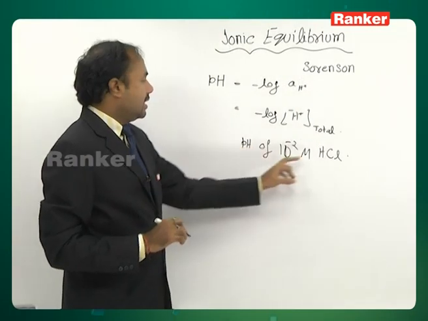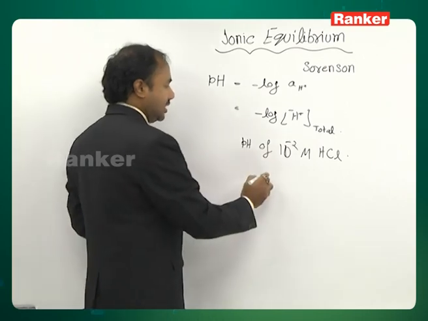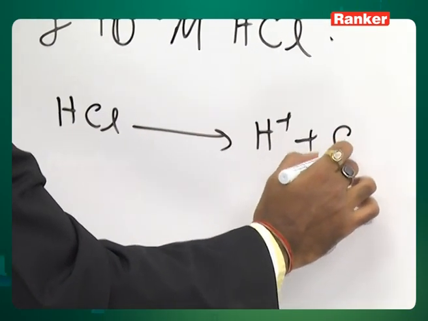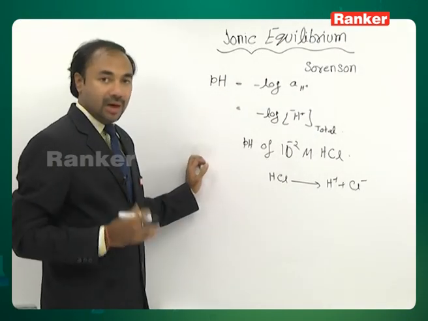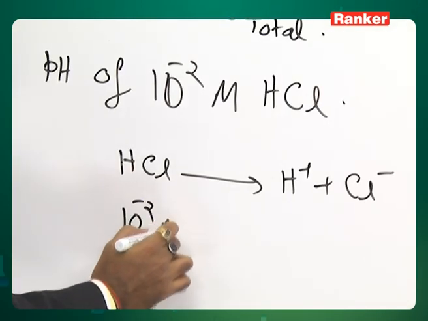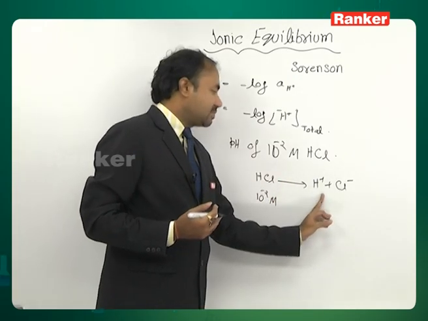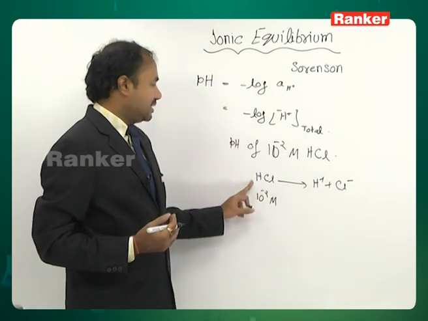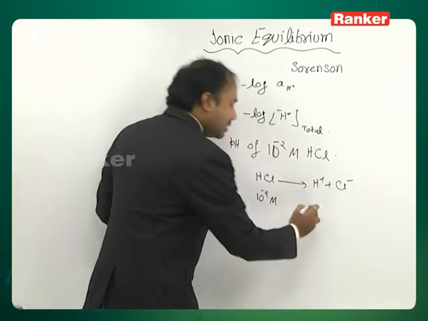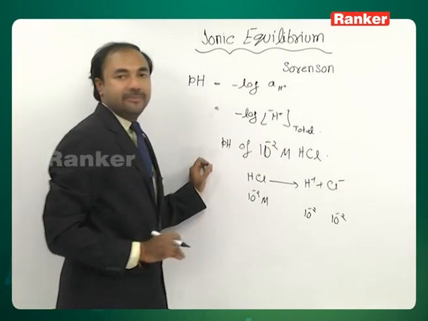Here what happens, HCl, because of being a strong electrolyte, dissociates completely to give H plus and Cl minus ions. 1 mole of HCl gives you 1 mole of H plus, 1 mole of Cl minus. So, 10 to power minus 2 molar HCl will give you 10 to power minus 2 molar H plus ion and 10 to power minus 2 molar Cl minus ion, right?